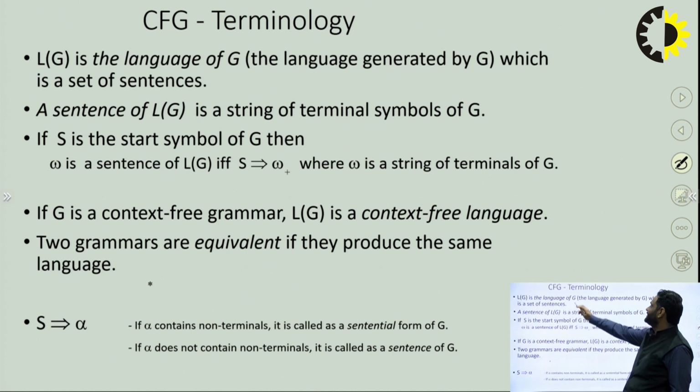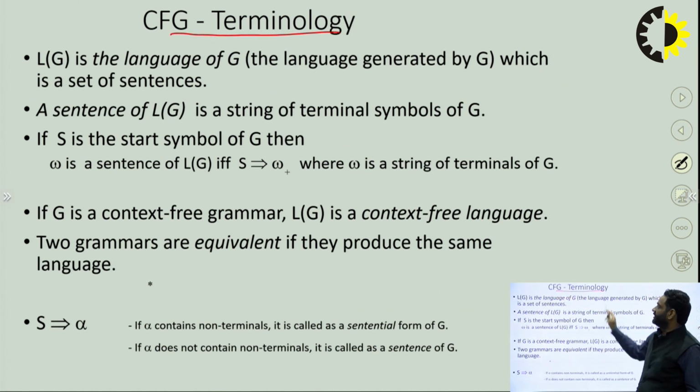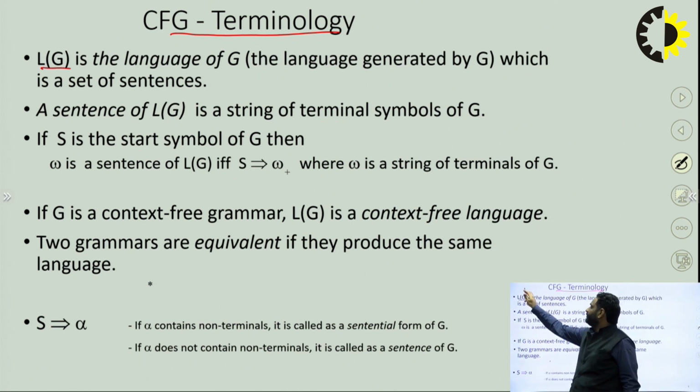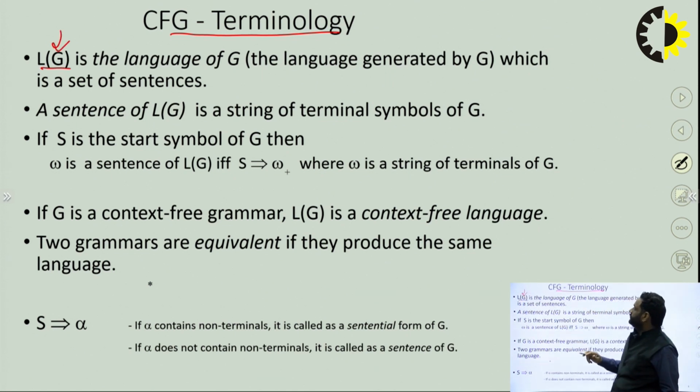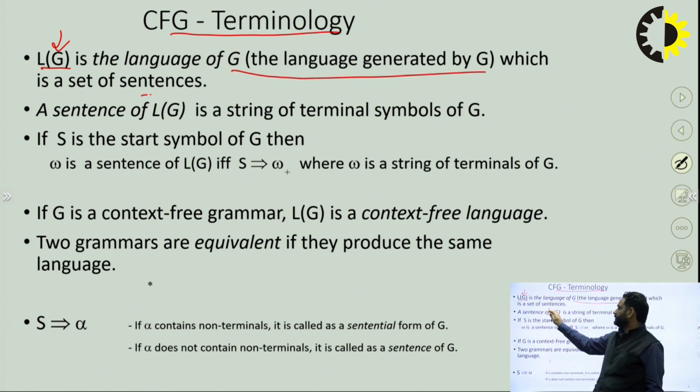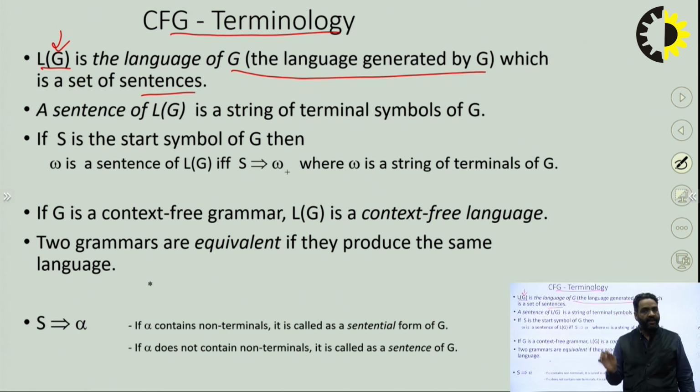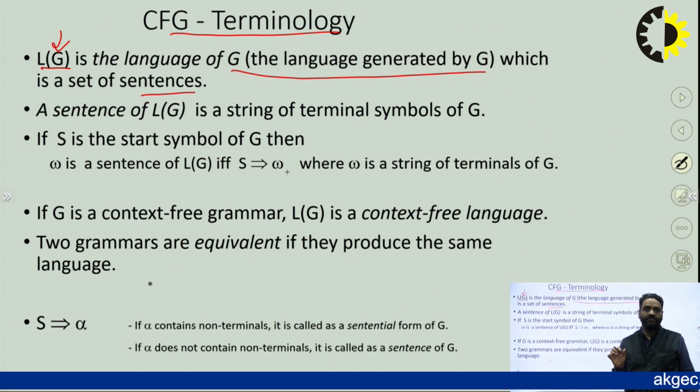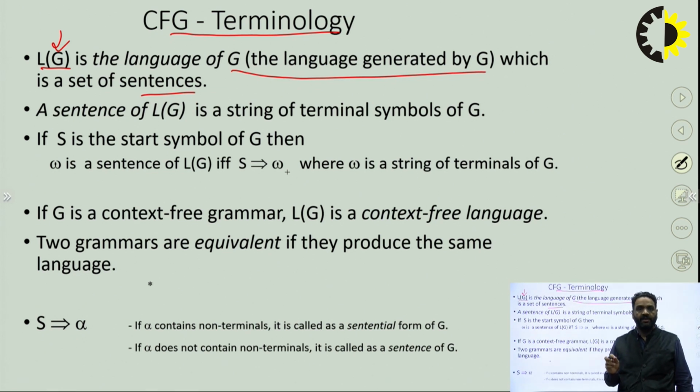Now, what is CFG? Context-free grammar. The language of the given grammar G is a set of sentences. Any language supported by the CFG is simply a set of sentences, in which a sentence represents a string derived by means of the CFG.